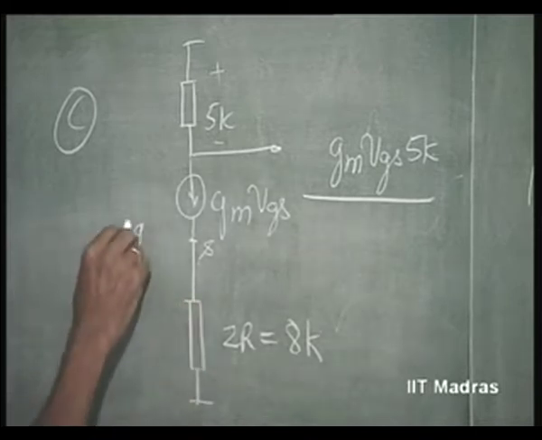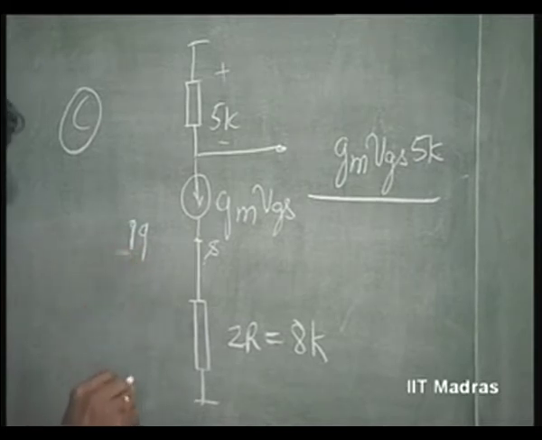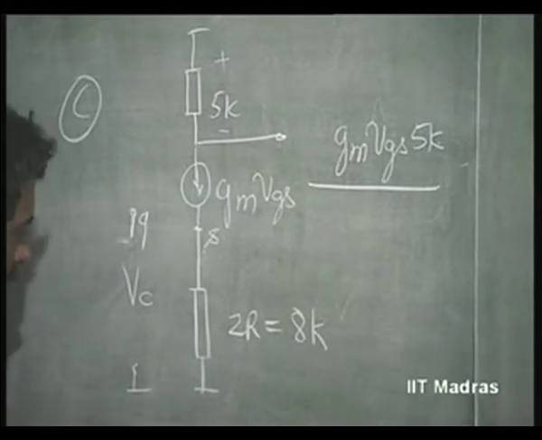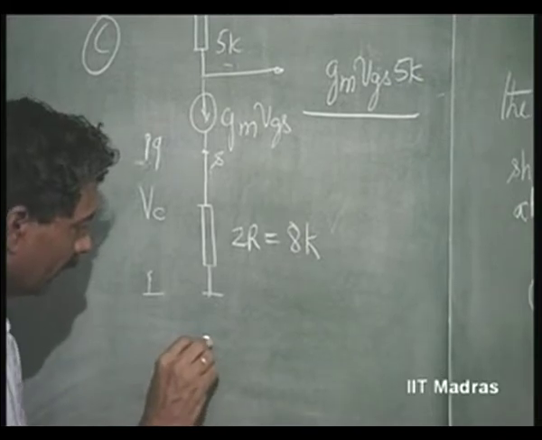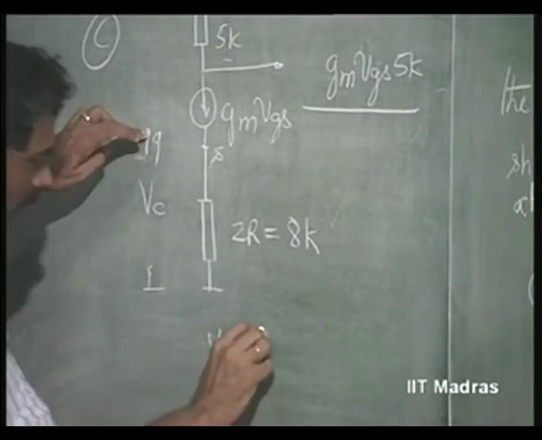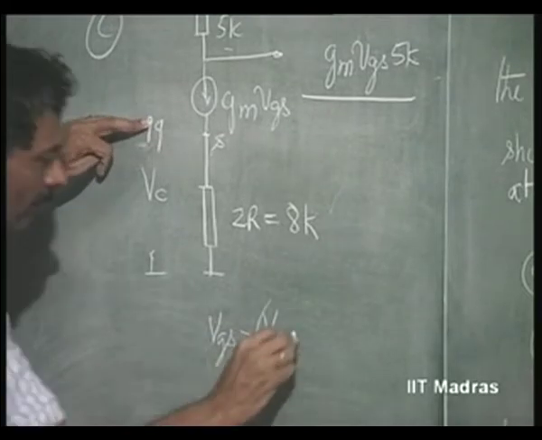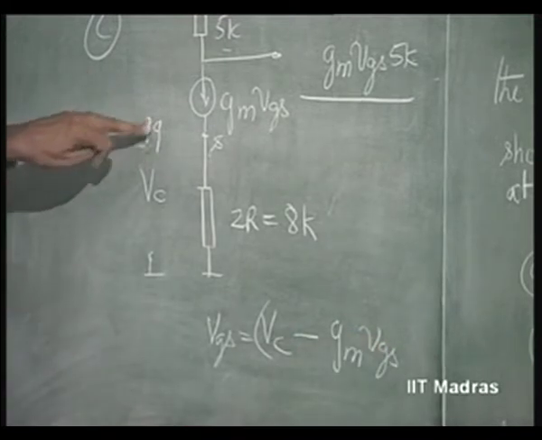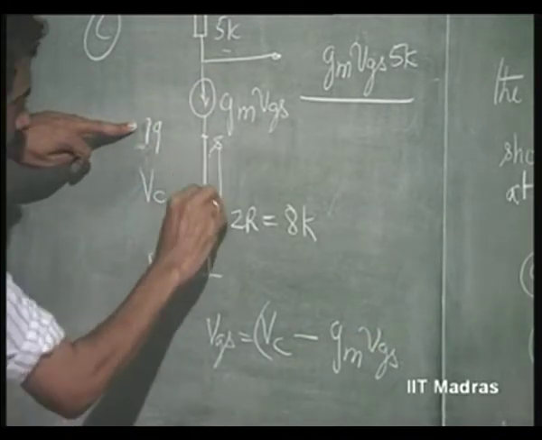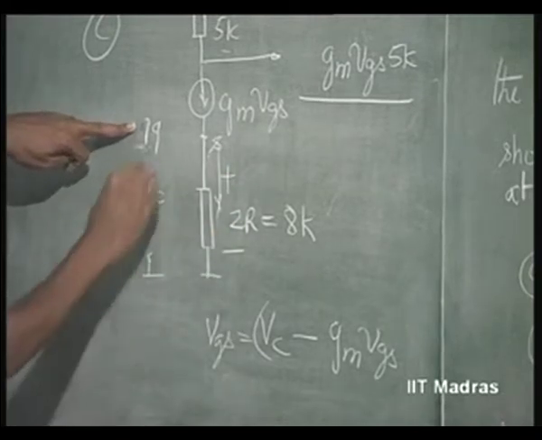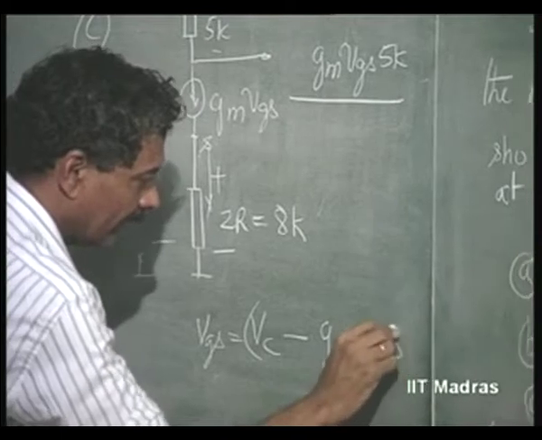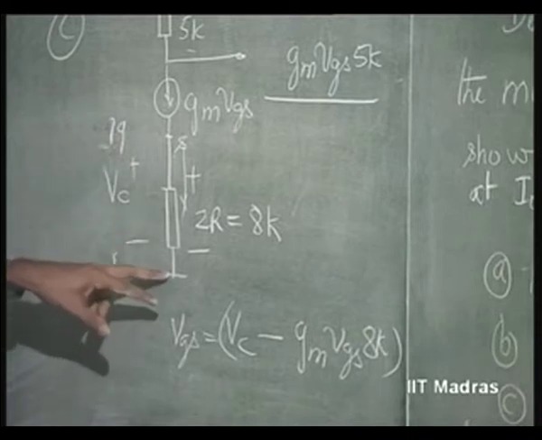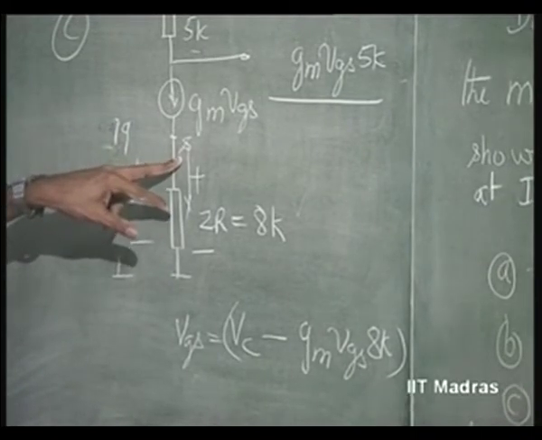Actually speaking, we are going to apply a voltage from this point to ground, which is the common mode voltage. So, Vgs is Vc minus the drop here, gm Vgs into 8K.